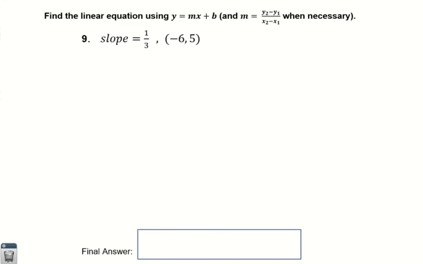Number 9, find the linear equation using y equals mx plus b, and that when necessary.